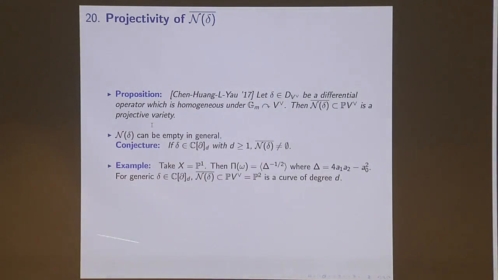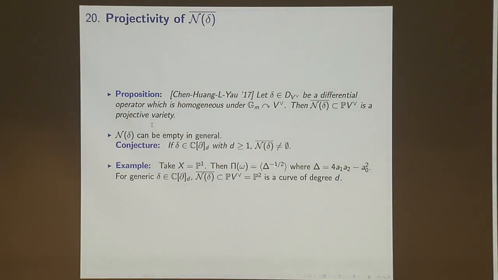Okay, here's a baby example where you can work out literally everything by hand. Take P1. In this case, the universal family of Calabi-Yau is just the configuration of 2 different points moving inside of P1. And you could compute the period sheaf explicitly. It's generated by a single function, so this is a sheaf of rank 1.